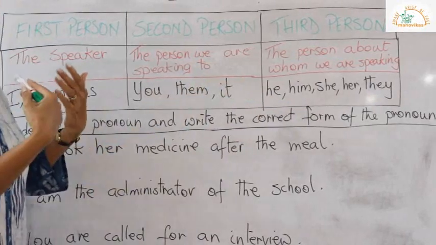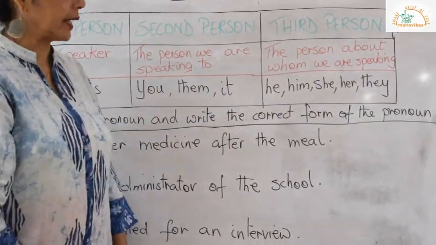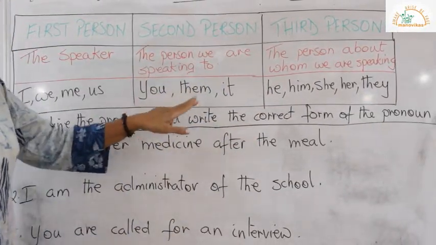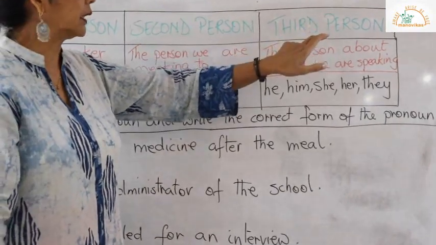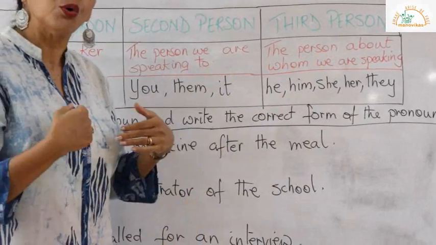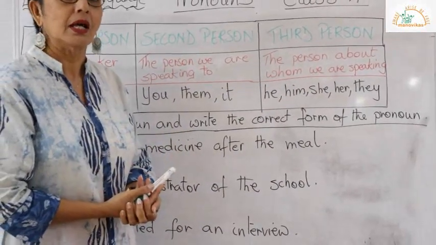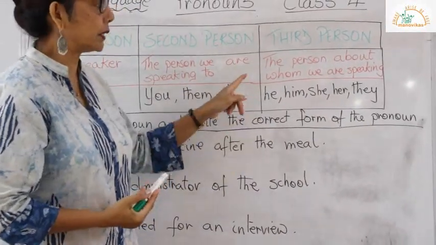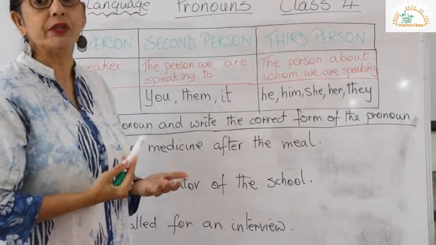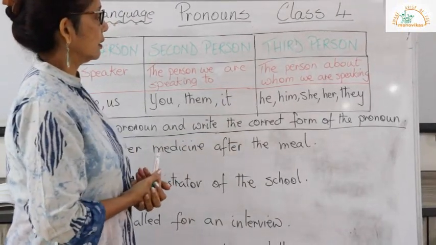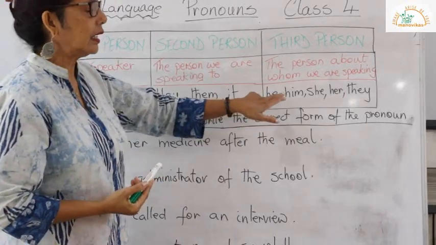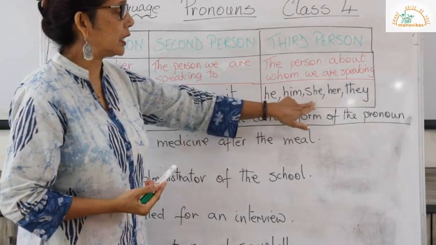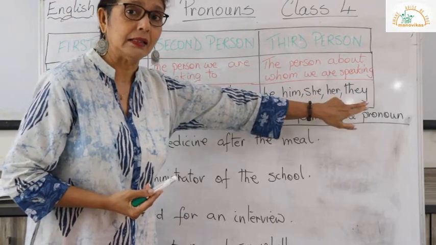That is you, them, it. And the third person is the person about whom we are speaking. That is he, him, she, her and they.